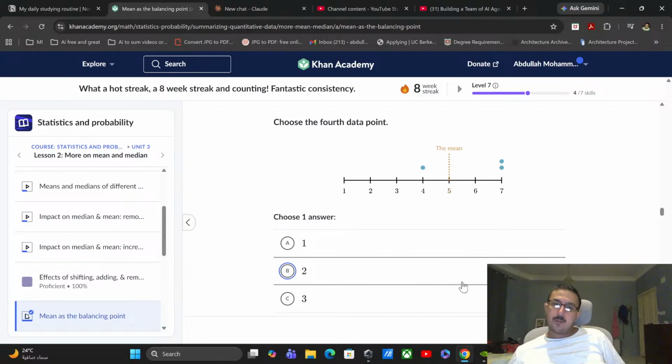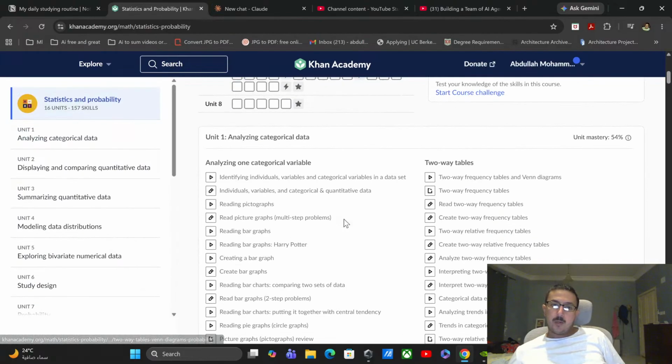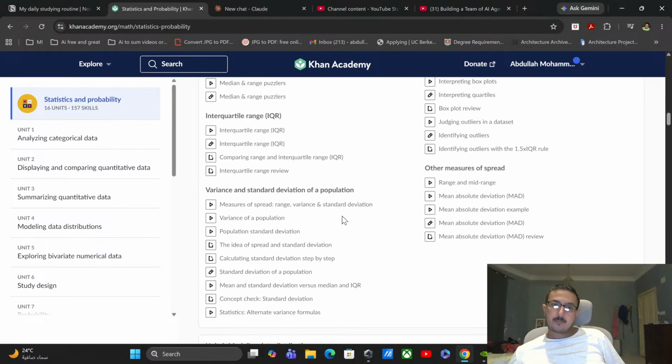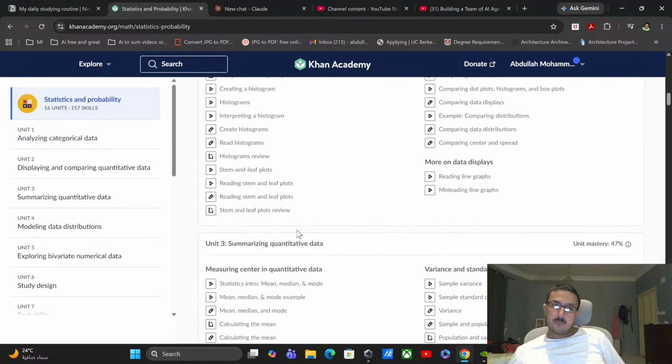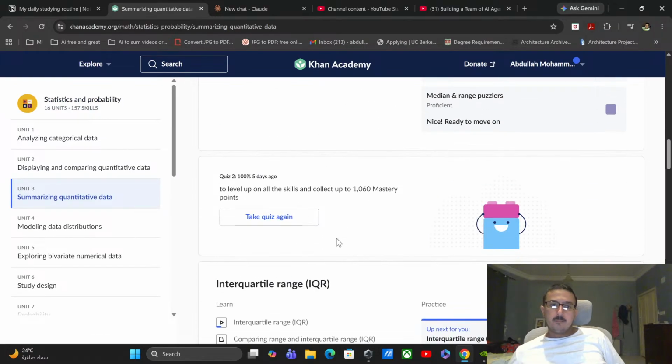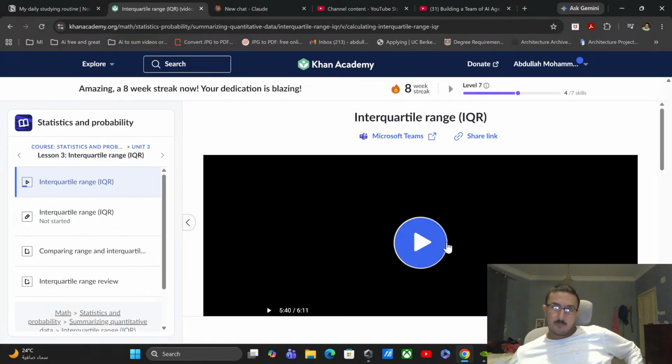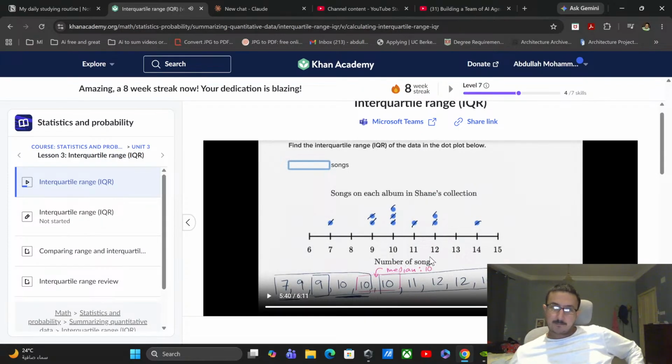The fourth data point. Nope, I don't need this. So going back to where we were. To the right. Okay, so I got 10. I know 10 is the median. 1, and then I got 1, 2, that's 5.